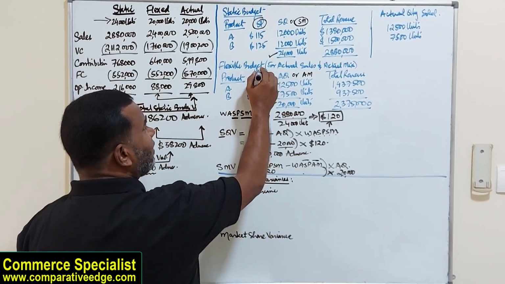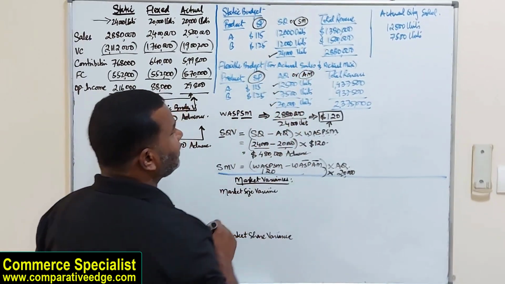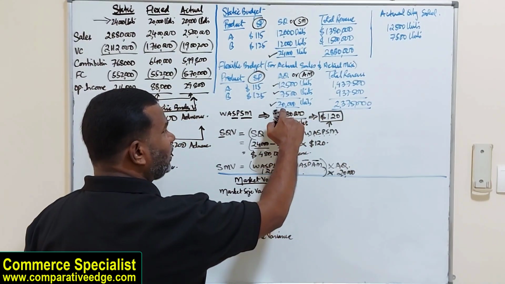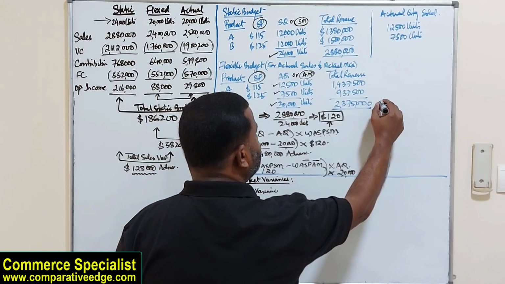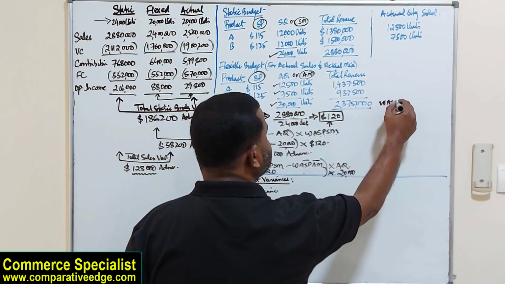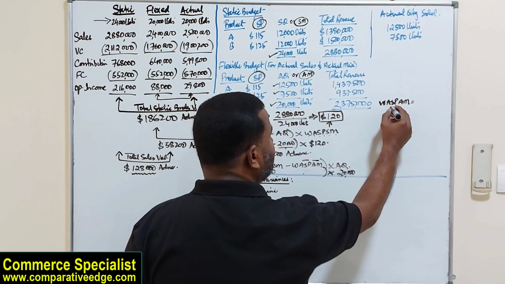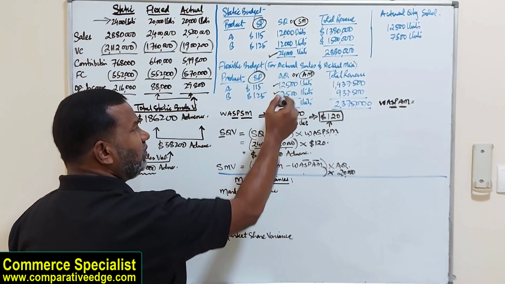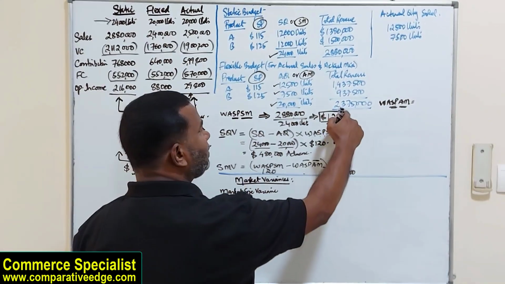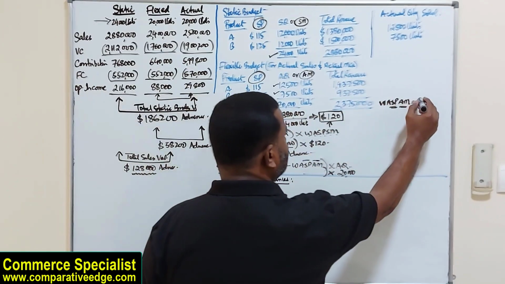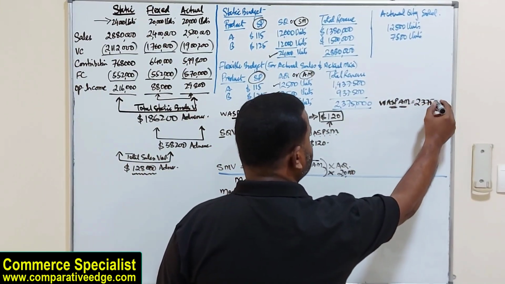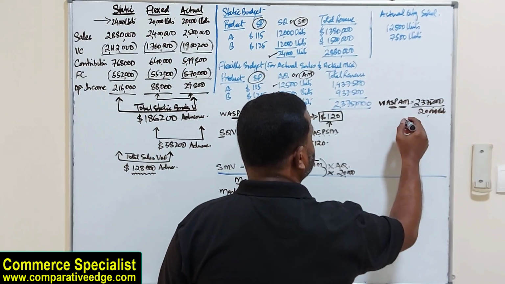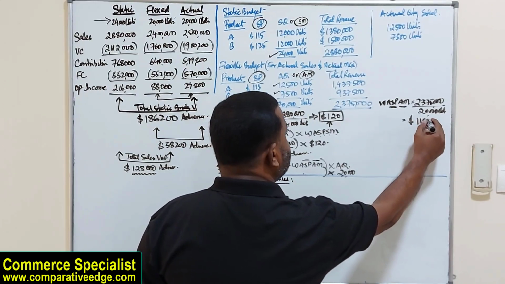So this is your standard price and this is your actual mix. So now you take this revenue, the flexible budget revenue, divide by the actual quantity. So you will get VASPAM. This is standard price into actual mix. These are your standard price and this is the actual quantity, means actual mix. So 2,375,000 divided by 20,000 units will give you 118.75.